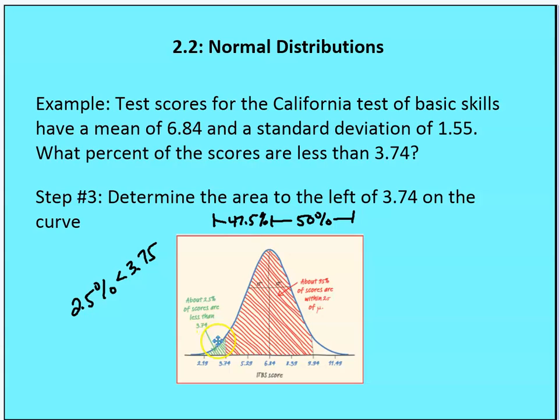All right, so then I want to determine the area to the left of 3.74, because we're asking for scores less than 3.74. If I go back to my 68, 95, 99.7 rule, then I know that 2 standard deviations from the center, so -2 standard deviations, will leave half of the area of the normal distribution on the right-hand side, and then another 47.5%, which is really half of the 95%, which would fall between 3.74 and 2 standard deviations.